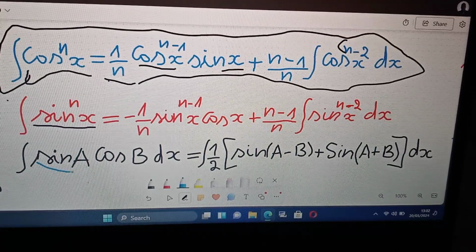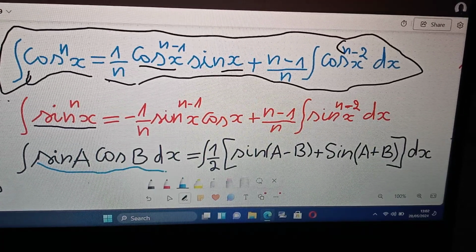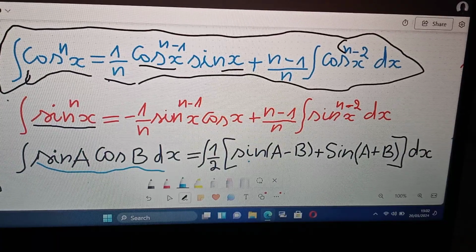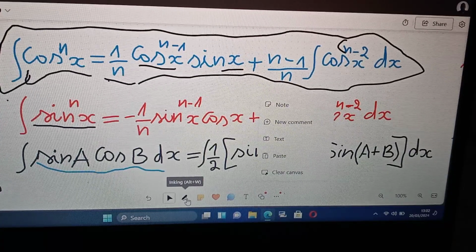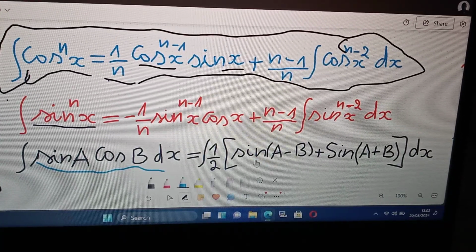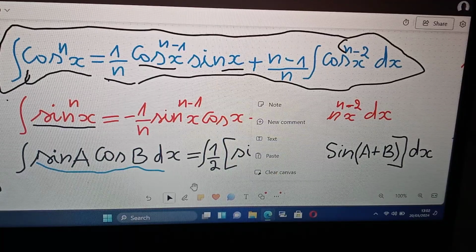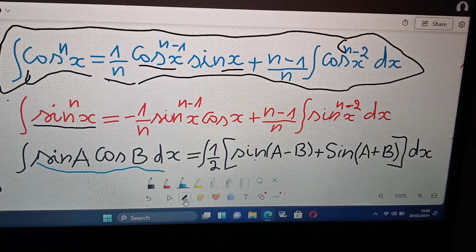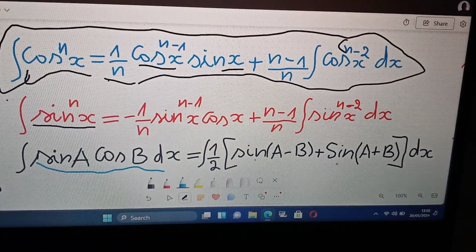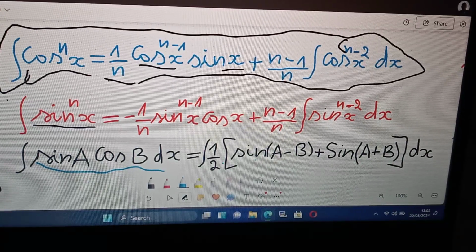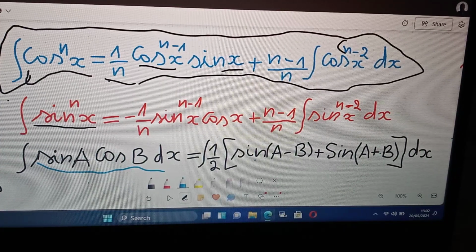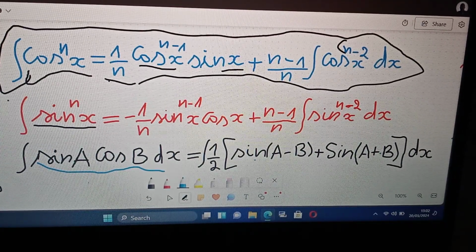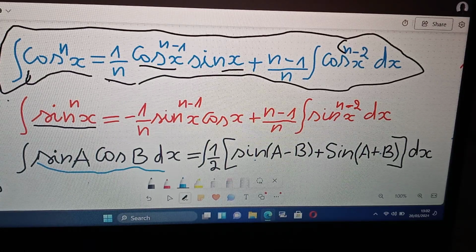If we now have the product of sine and cosine, in integrating, we start by doing the subtraction, and then we add, and we divide by 1/2, and then we find the integral of the summation or the subtraction.